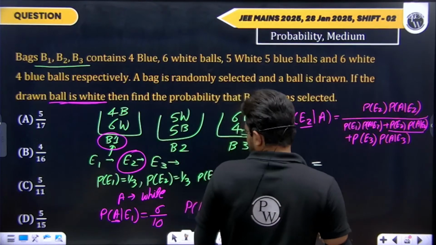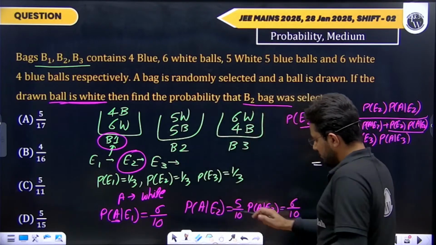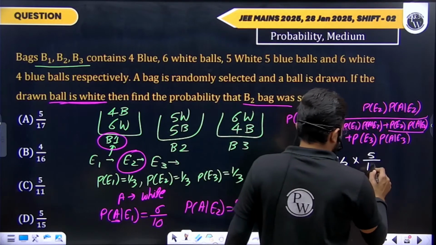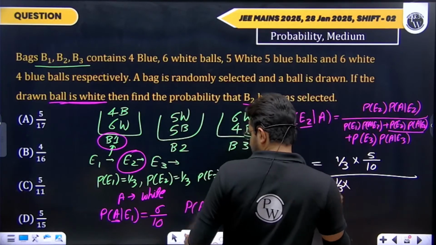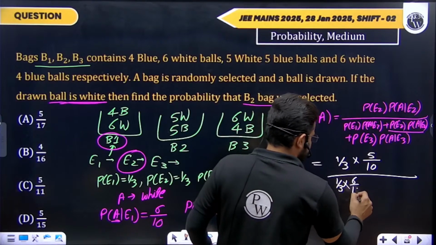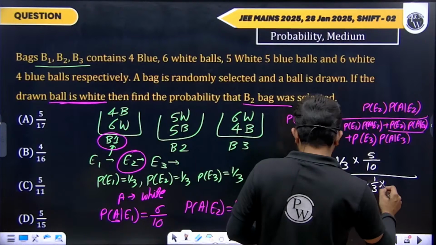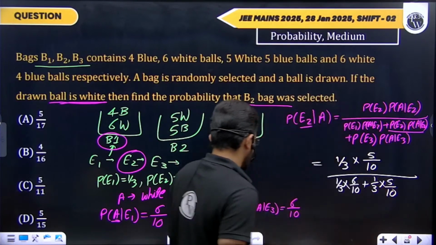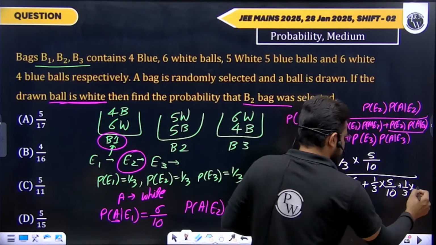P of E2 means 1 by 3 into P of A given E2, whose value is 5 by 10. Divide by P of E1, 1 by 3 into 6 by 10, plus P of E2, 1 by 3 into 5 by 10, and P of E3, 1 by 3 into 6 by 10.